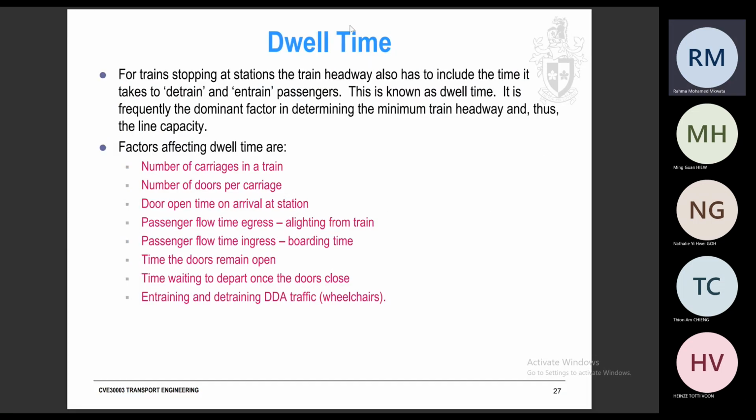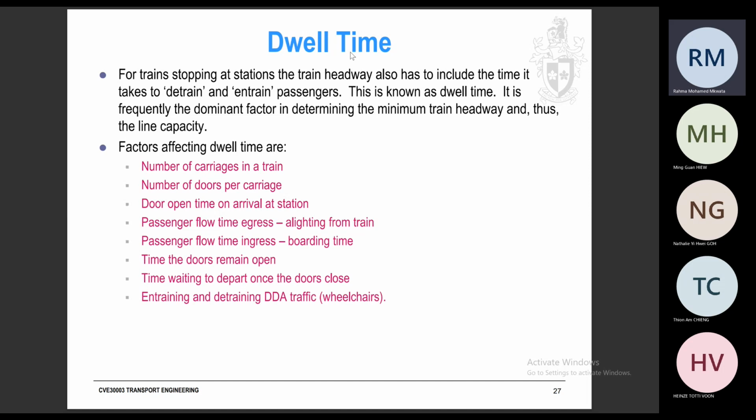Let's also look into dwell time. Once your train arrives at the station, your passengers will need time to get off or board the trains. So this is dwell time. And dwell time is affected by several factors: the type of train you have, whether it has a lot of doors, whether the doors are open, big and wide, or it's just one tiny door, the number of carriages you have in your train, how fast the mechanism of opening the door is, and so on.